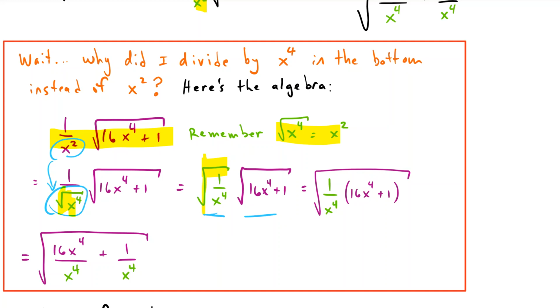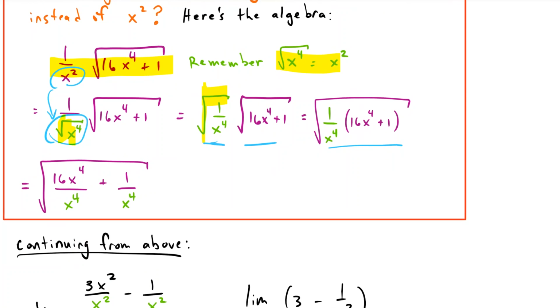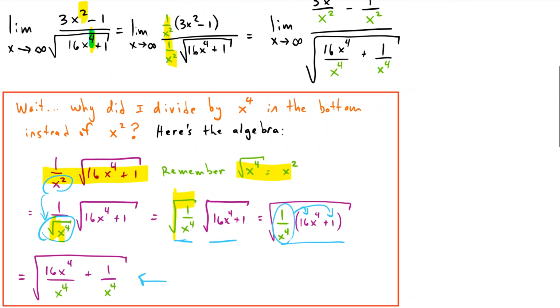Our rules for radicals say that we can combine them into one radical, and that's what we do here. Once they're combined into one radical, we just distribute. That brings us back to where we were right there.